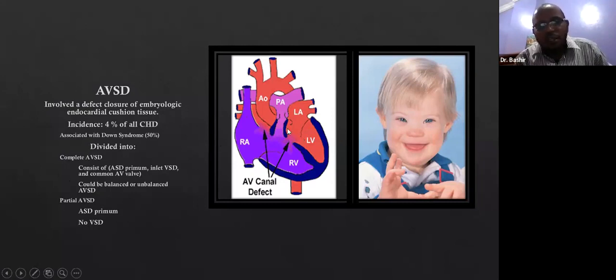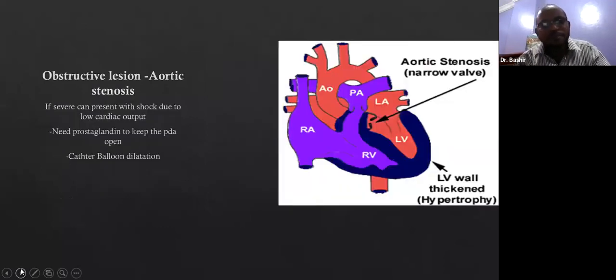As we said, 50% of Down syndrome has AVSD, and 50% of the AVSDs are Down syndrome babies. The complete AVSD needs to be treated by surgery in the first 6 months of life. And before surgery, we can give the patient anti-failure medication because he will present with heart failure.